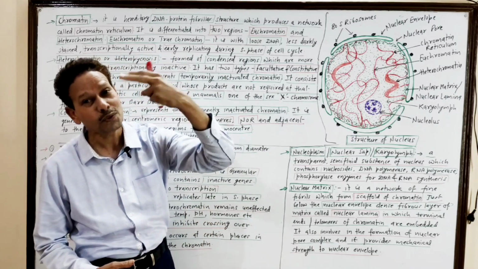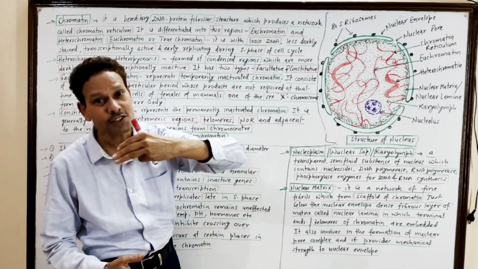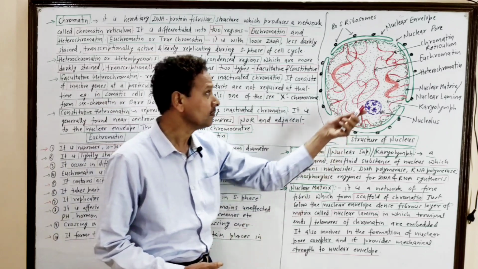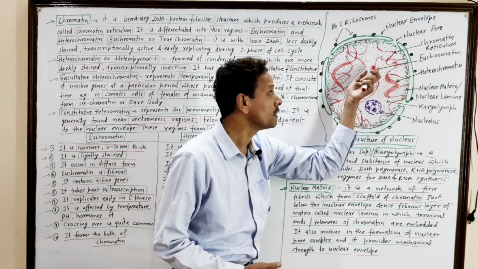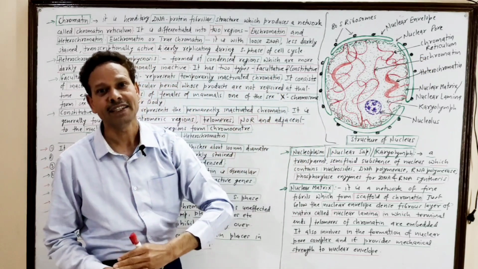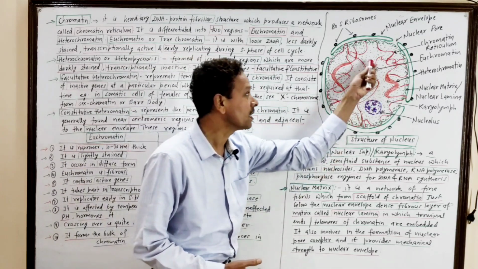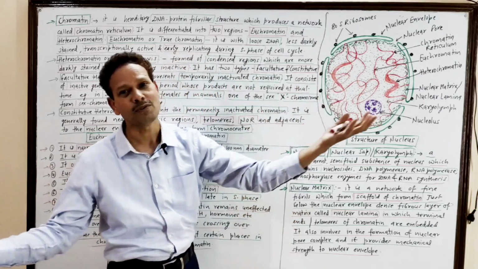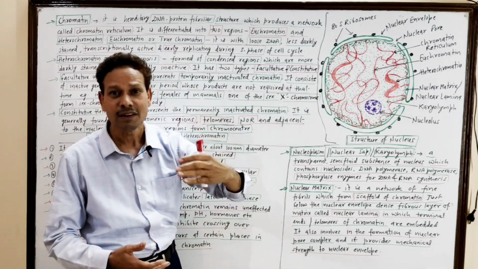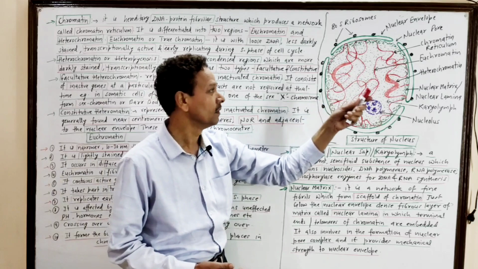Dear students, euchromatin means true chromatin. This euchromatin is lightly stained, a fibrous structure that consists of active genes. It is functional chromatin.